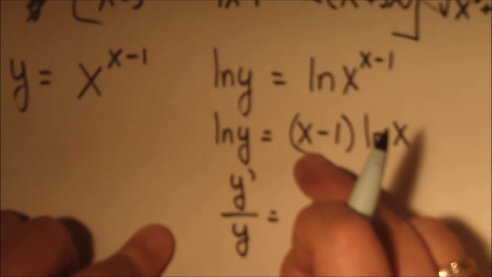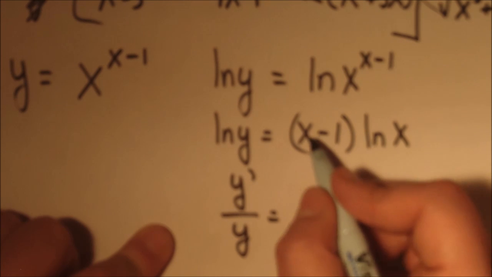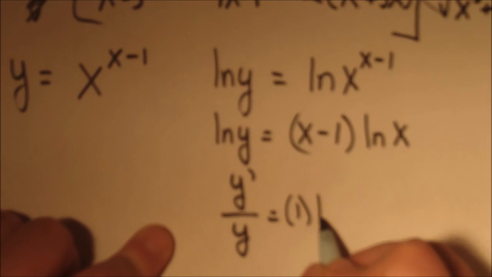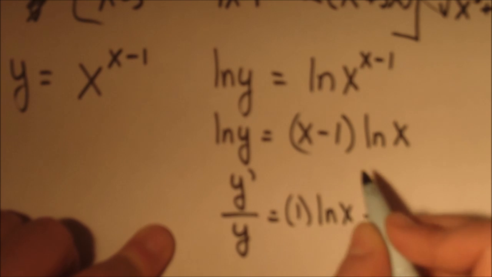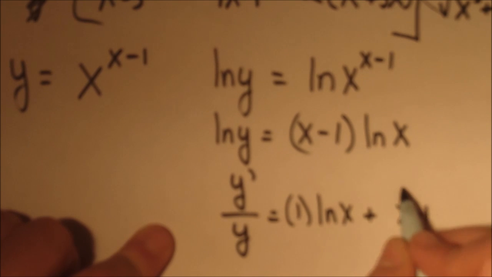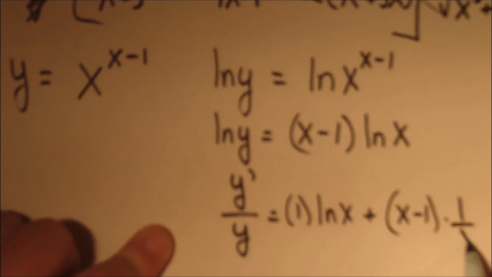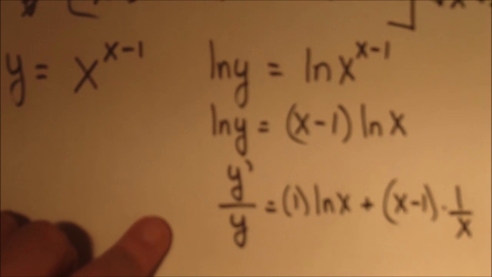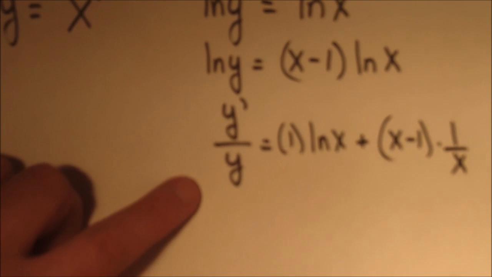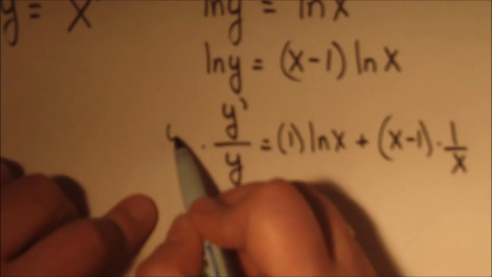All right, so I need to do derivative of the first, which is 1, times the second unchanged, plus the first unchanged, times the derivative of the second. You may have done it in a different order, which of course is acceptable. And next I'm going to multiply both sides by y.